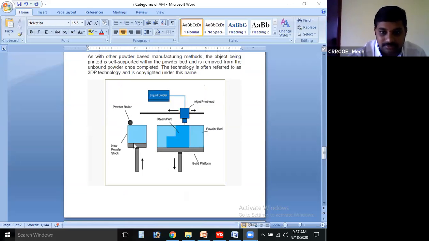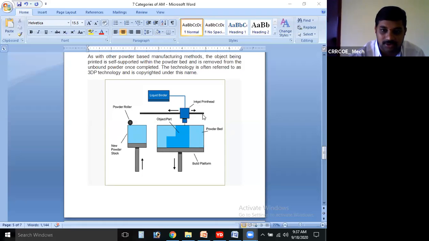Here we have the powder roller, build platform, and powder bed. Binder is supplied from this particular nozzle, the printer head. See the color differentiation for the powder bed as well as the binder material.